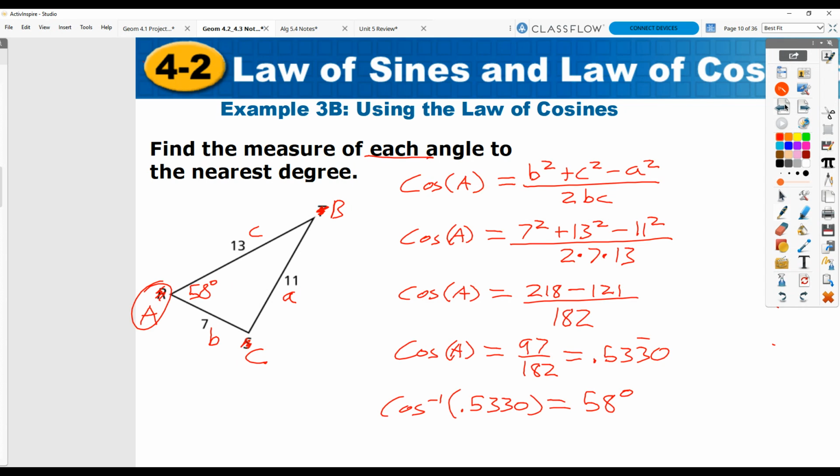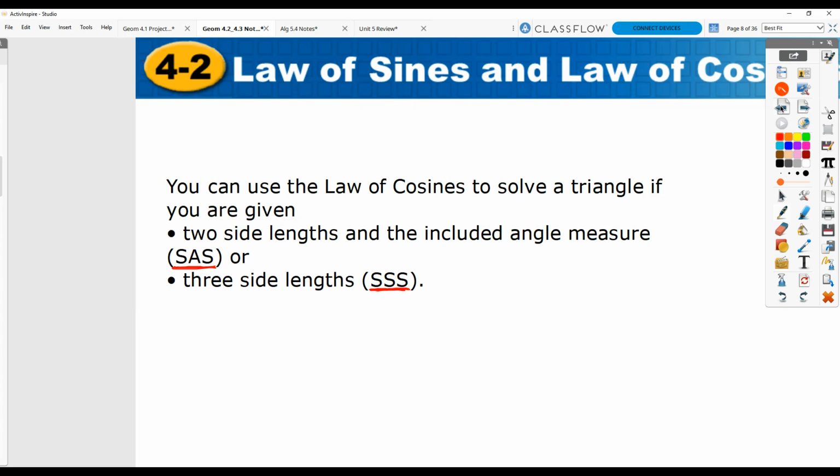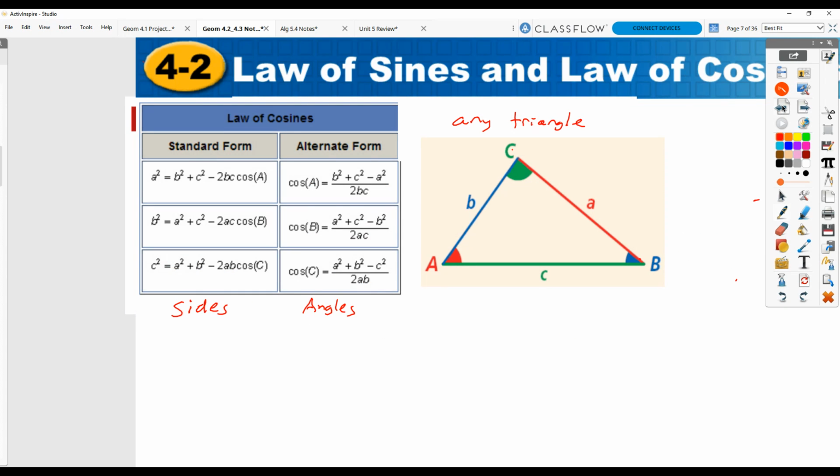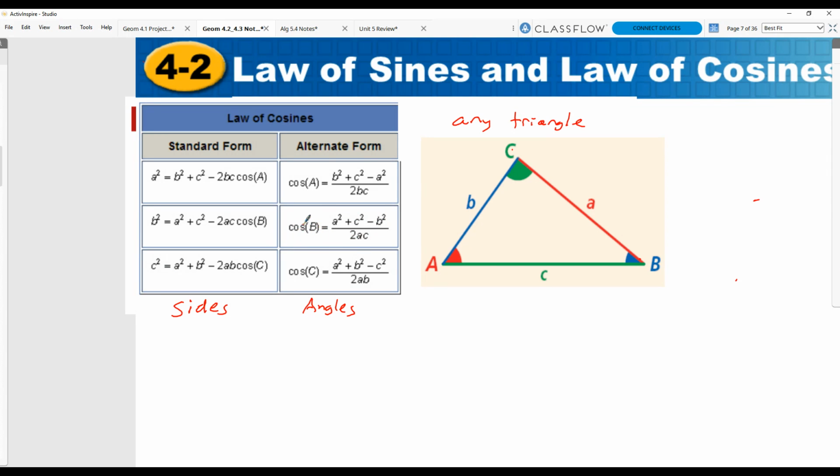It's going to be almost identical to what we just did, except we're going to be using this formula here, the one that involves cosine B. Okay, so we got a squared plus c squared minus b squared over top of 2 times a times c. Okay, so let's get that jotted down.